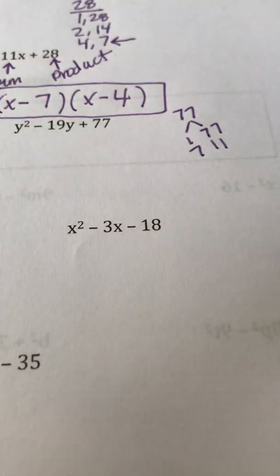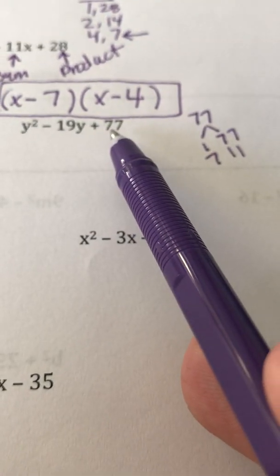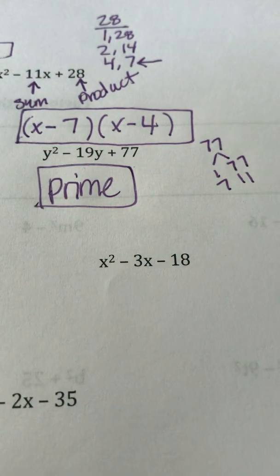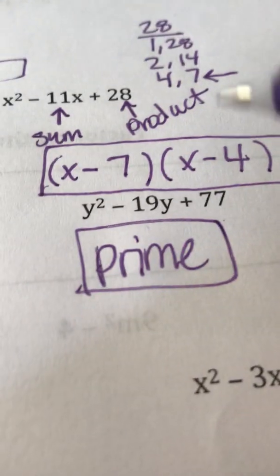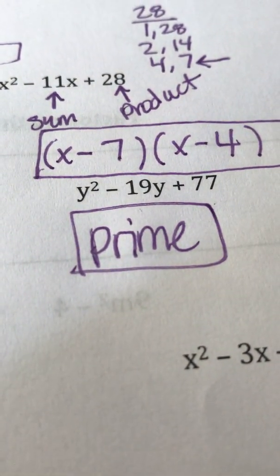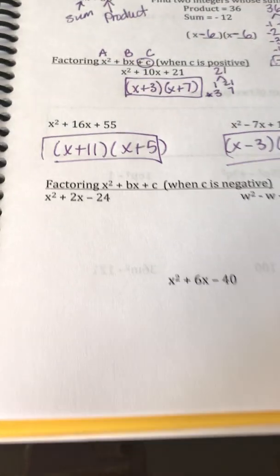If we get to a point where you cannot find something that has a product of this and a sum of this, for now, we are going to call that prime. Okay? So, if you have a polynomial that we cannot factor, we're going to call it prime. Okay? All right. Let's look at the next part here.